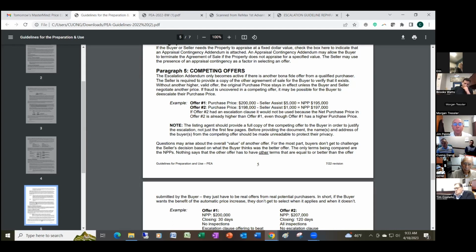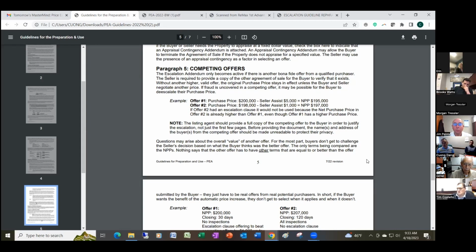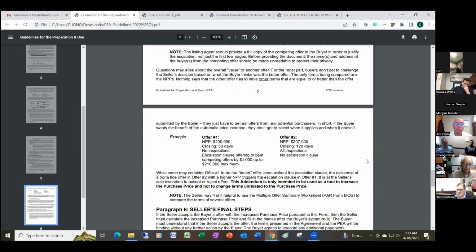Nothing says that the other offer has to have other terms that are equal to or better than the offer submitted by the buyer. They just have to be real offers, bona fide, from real potential purchasers. In short, if the buyer wants the benefit of the automatic price increase, they don't get to select when it applies and when it doesn't. That's up to the seller's sole discretion.